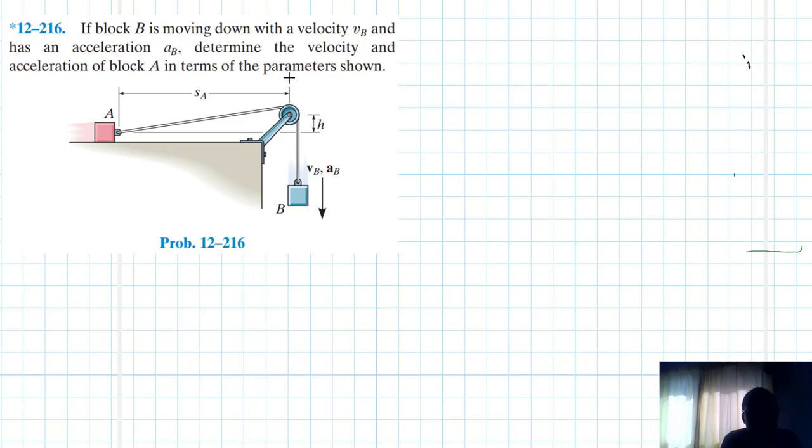So let's have our datum. We have that point there and that point as our datum. So we have our datum, which is this one here and this one.